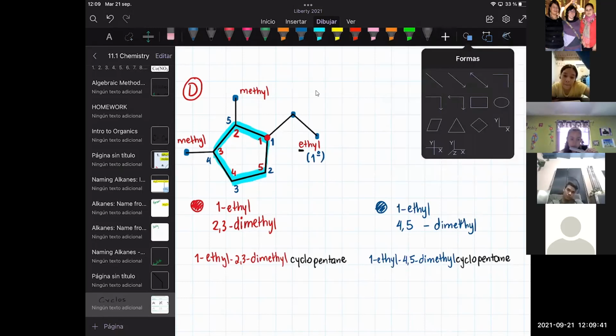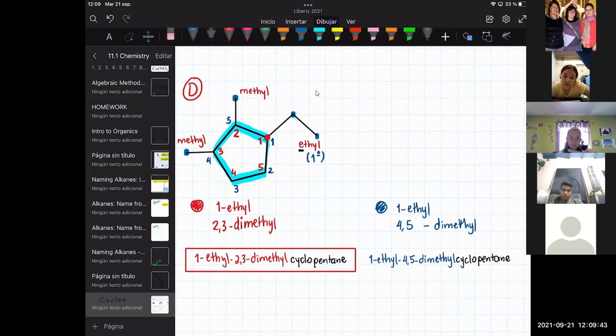Red. So the good name for this particular cyclo is going to be 1-ethyl-2,3-dimethylcyclopentane. The reason is because 1, 2, 3 is less than 1, 4, 5. Those are the positions of each color. Now, you can do it like that or you can do it mentally.